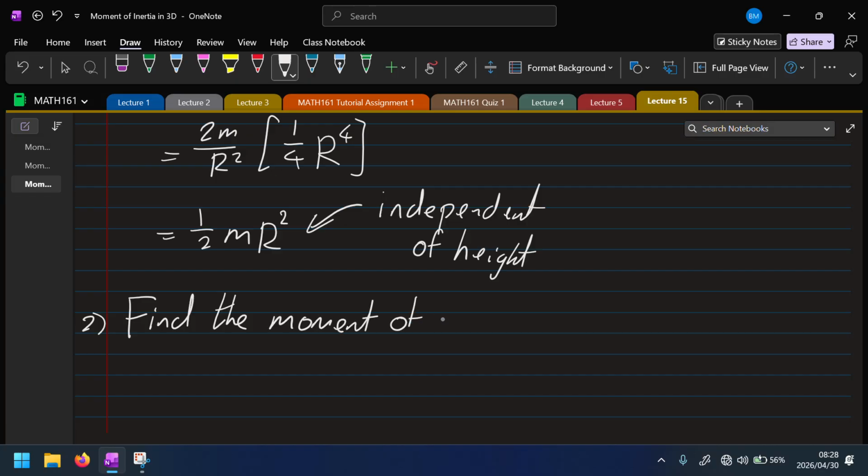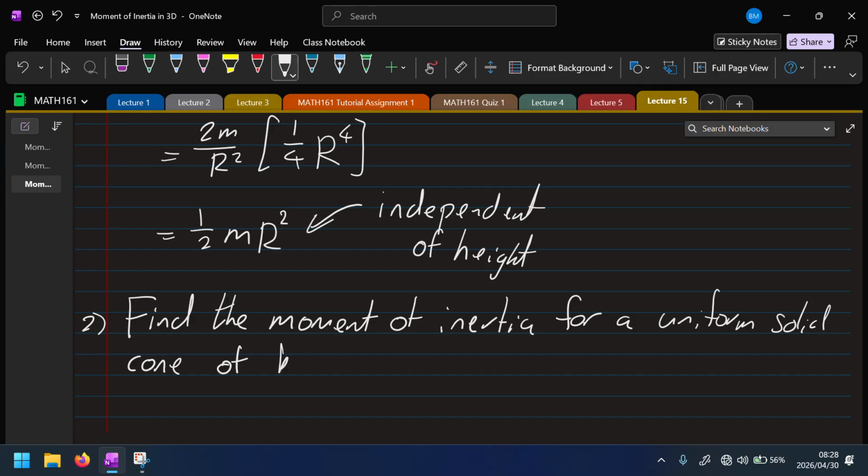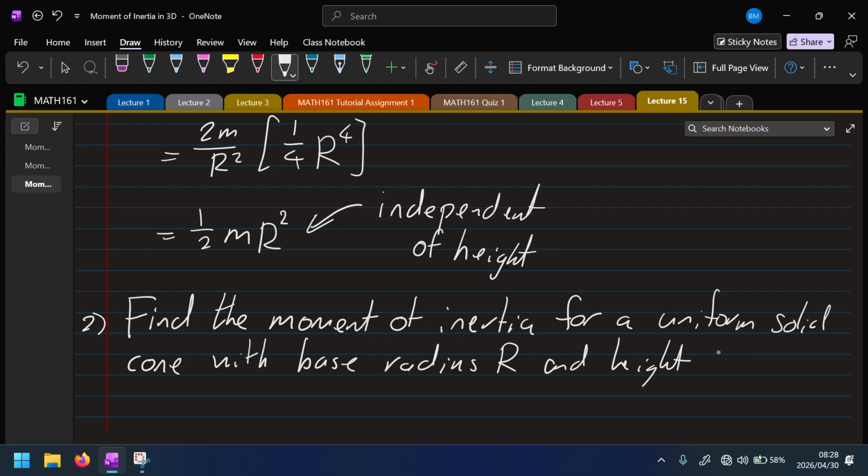Find the moment of inertia for a uniform solid cone with base radius r and height h.